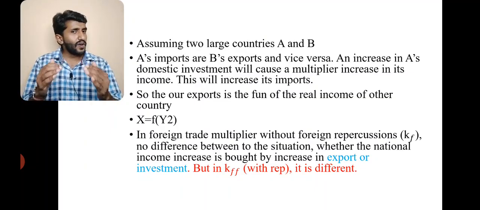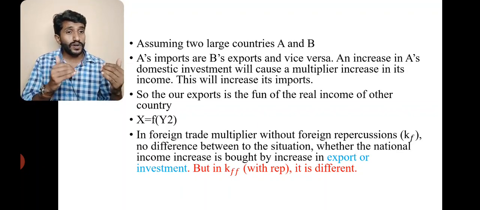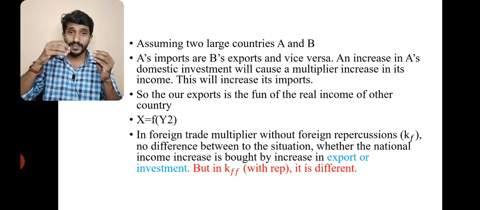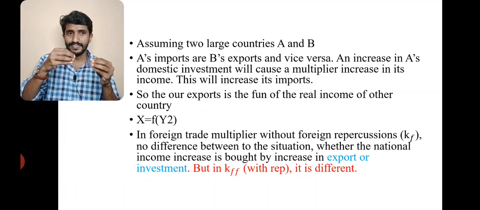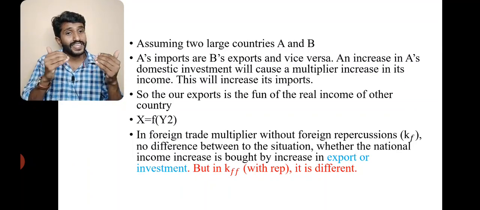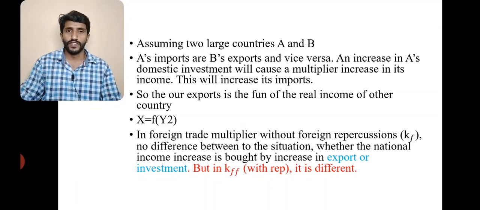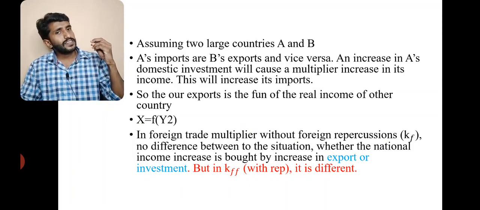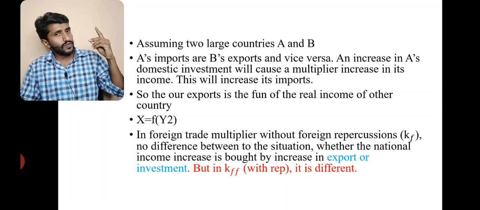Now in the foreign trade multiplier without repercussions, which we have already discussed, we are not combining the two countries case. Then there is no difference whether the nation's income increase is brought by an increase in export or investment. National income can be increased in two ways: one is through the investment multiplier, another one is through the export multiplier.